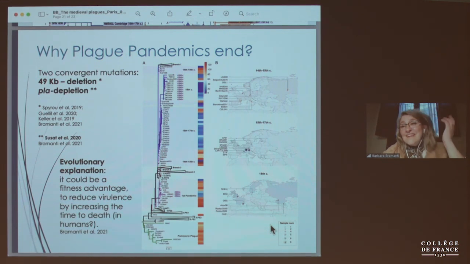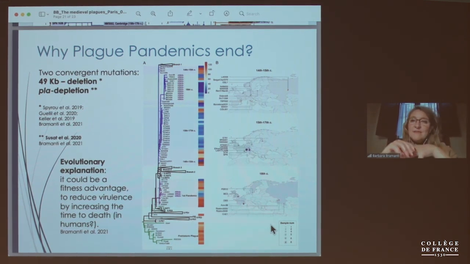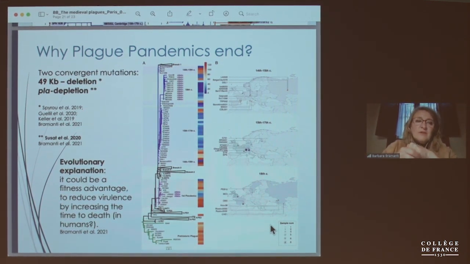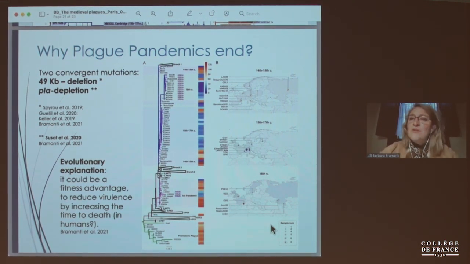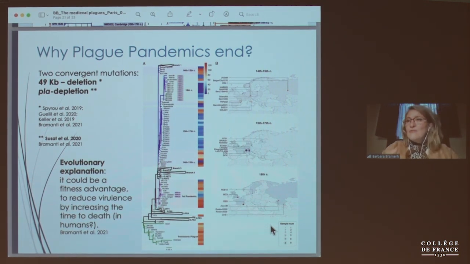There is actually another explanation, which is an evolutionary explanation, and which is based on the observation of modern strains. Plague tends to reduce its virulence to gain a fitness advantage. This can happen when it adapts to a new host, for instance, or if the host dies too quickly.